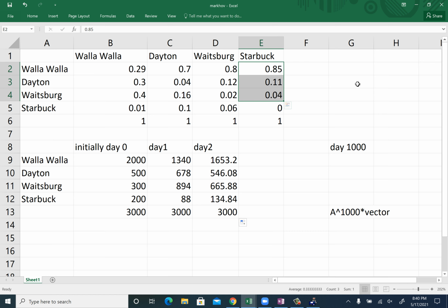Ha ha! And none of them come back to Starbucks that were in Starbucks today. Why would that be, for instance? Well, Starbucks is way out there, let's say. Well, it is kind of way out there, but let's just say that the truck went out there today, dropped some stuff off, and then came back. If it only just came back, then any carton that started out there would never get back there. Does that make sense? It would never get back there.